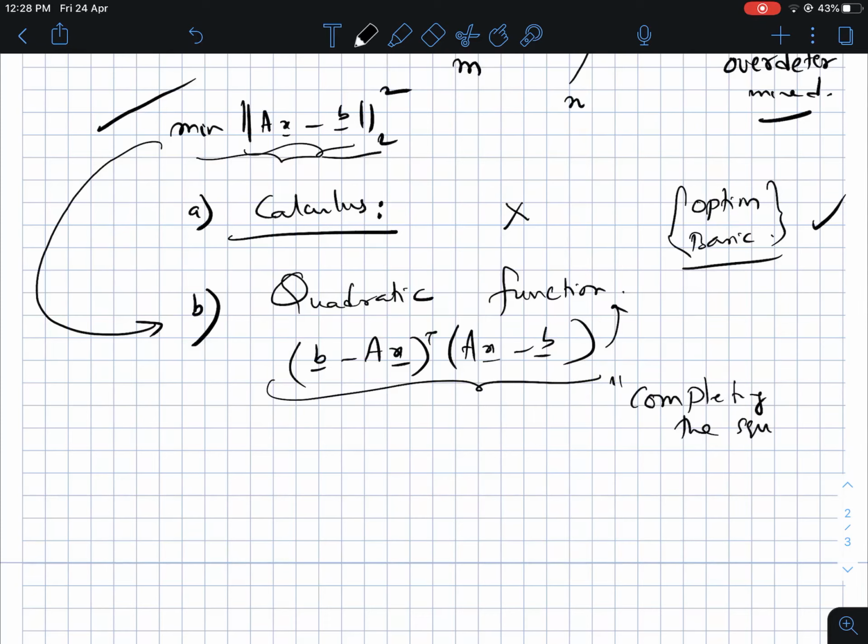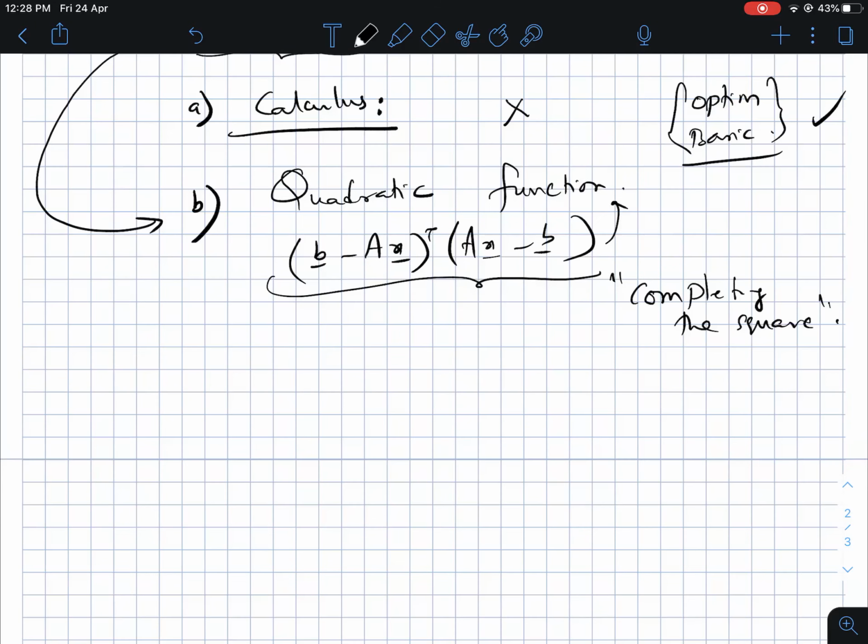In a previous lecture, in fact one full lecture, lecture 5 I think, was devoted to how to minimize quadratic functions. You can directly write down the expression, and that gives you the expression for least squares. We are not going to focus on that either.